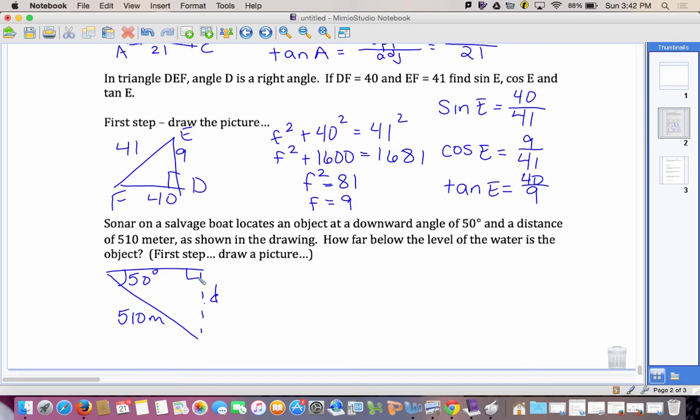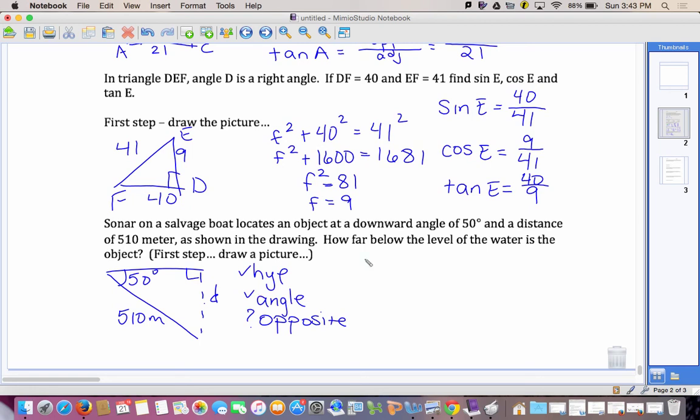And right now I'm given the hypotenuse, I'm given my angle, and I'm looking for the opposite side. So with that, I can use sine. I know sine is opposite over hypotenuse.